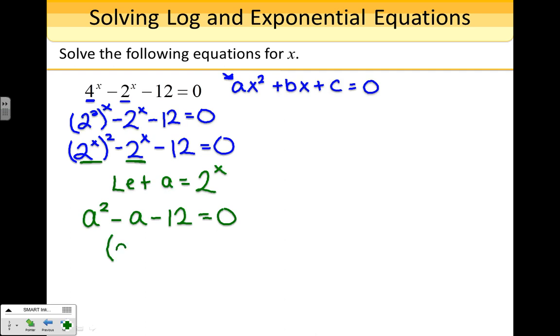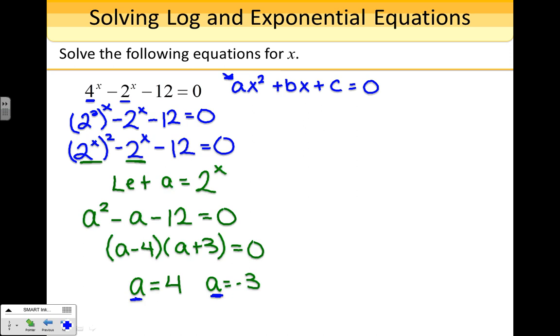This is factorable. A minus 4 times a plus 3 equals 0. A equals 4, and a equals negative 3. So now I'm going to take my 2 to the x and plug that back in for a. So I have 2 to the x equals 4, and 2 to the x equals negative 3.